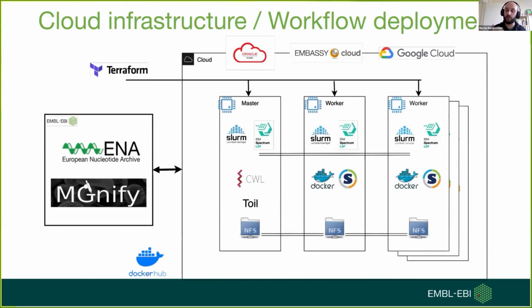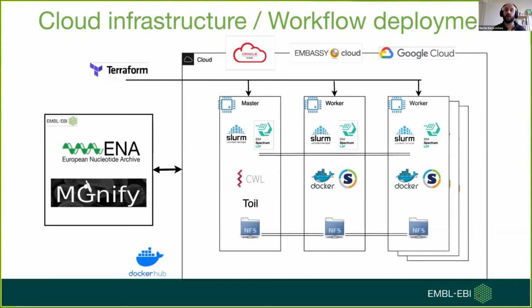So we didn't have to do anything else, because Toil and CWL were already doing that for us. So with a fairly simple way of providing something close to the EBI HPC cluster, we can replicate that into, I would say, any cloud environment.